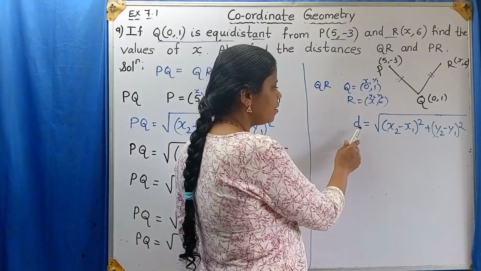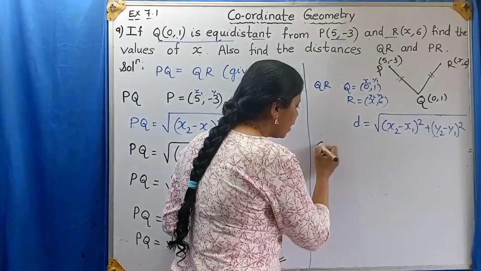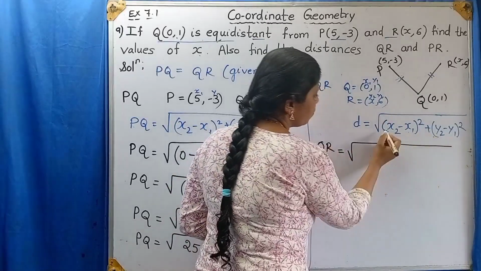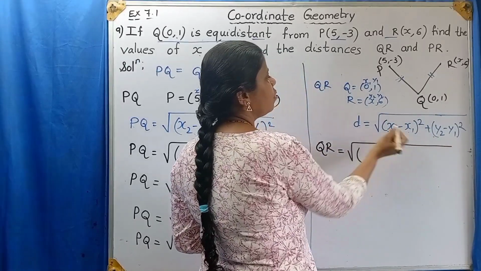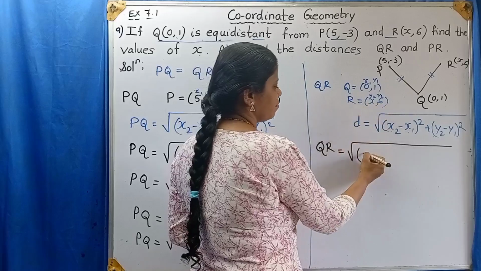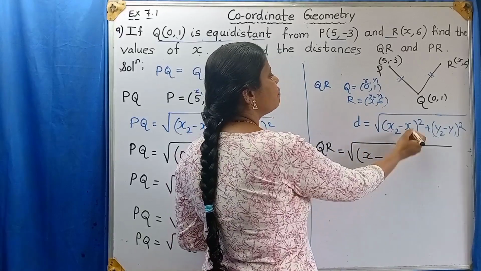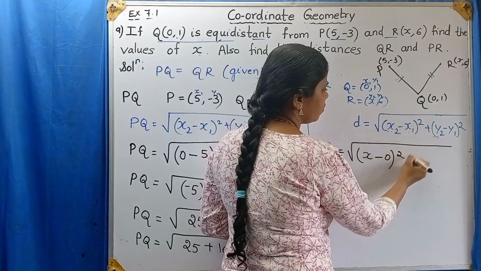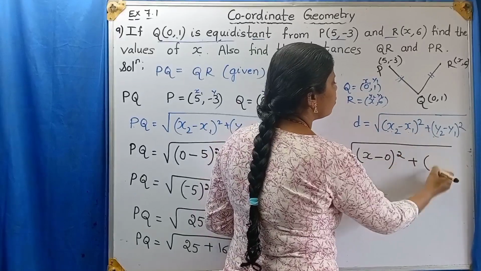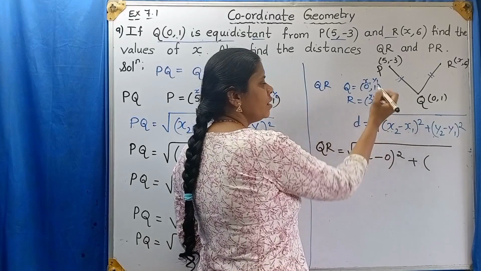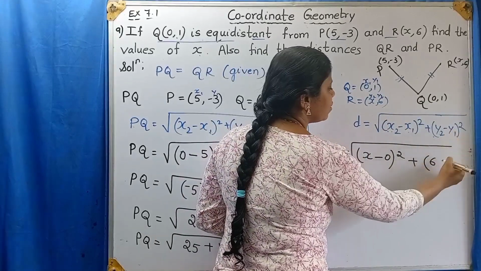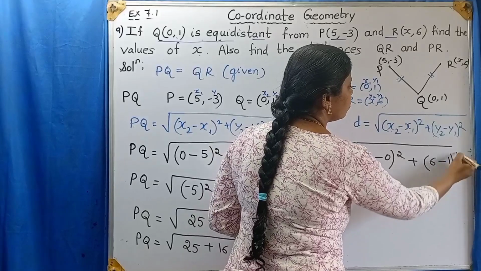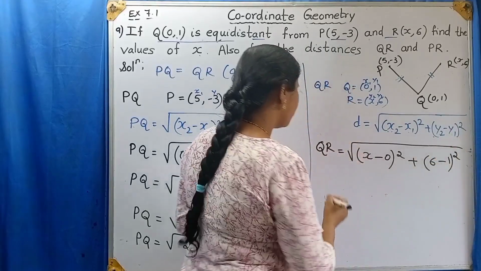We are finding the distance QR. So QR is equal to square root of, bracket open, x2, the value of x2 is x, minus x1, x1 is 0, the whole square plus y2, the value of y2 is 6, minus y1, the value of y1 is 1, whole square.